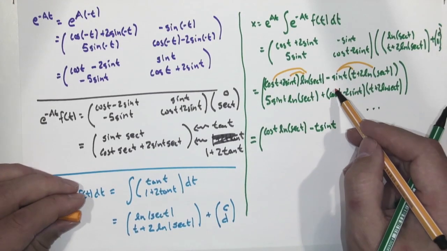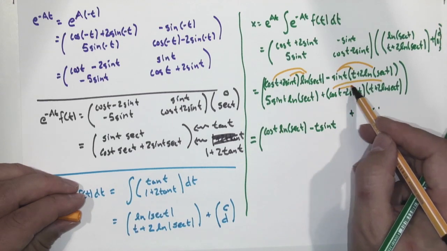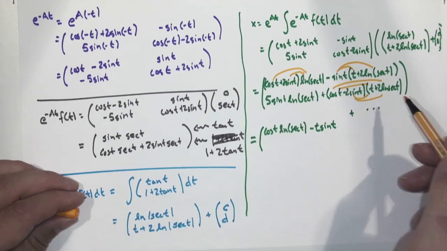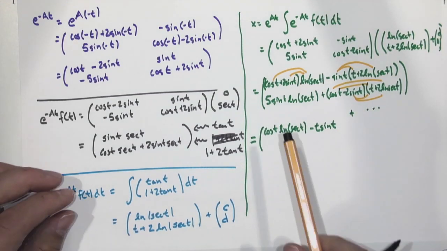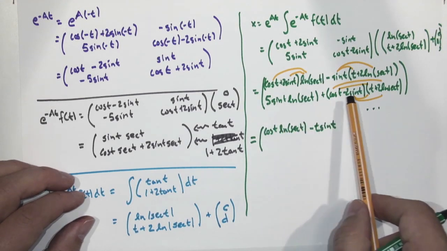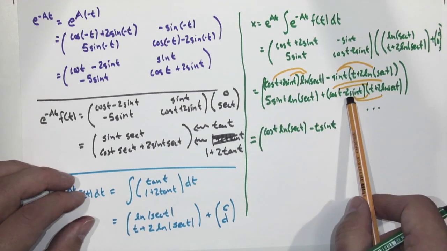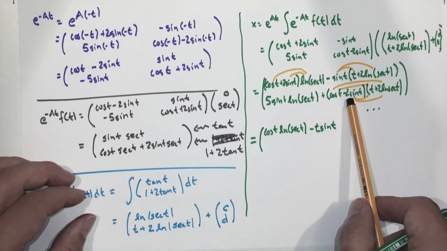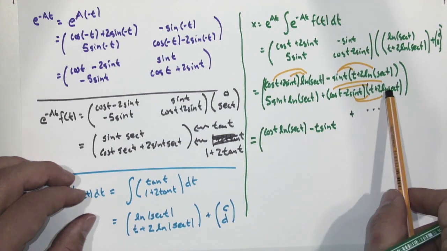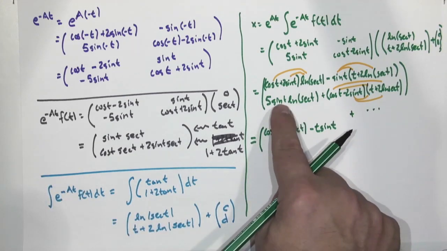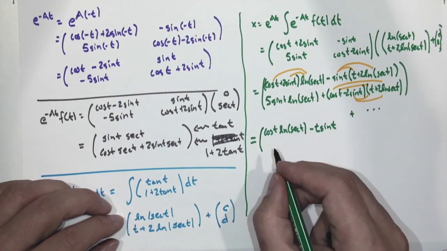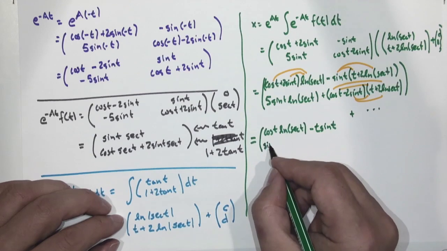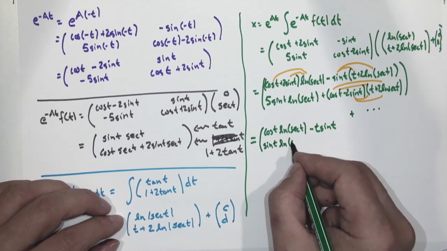Well, we can FOIL, right? So just do all possible ways. You have a 5 sine t log secant t, and here you have a minus 2 sine t, a plus 2 log secant t, so that's a minus 4 sine t log secant t. So if you take this 5 and that minus 4, you get a single sine t log secant t.